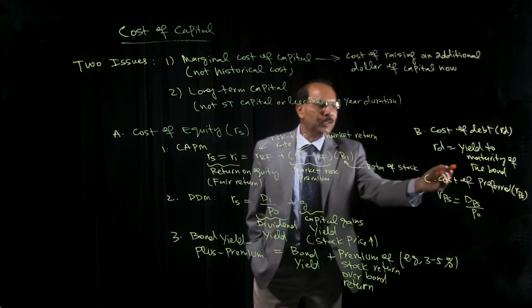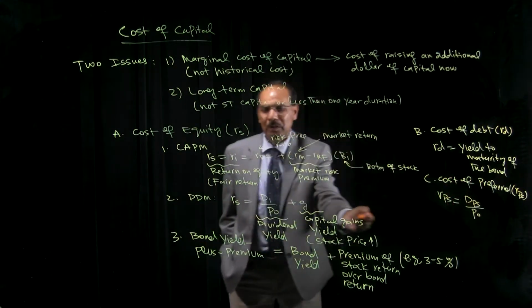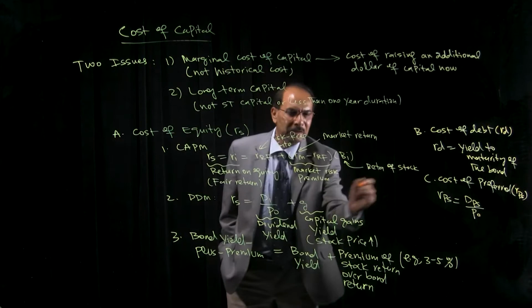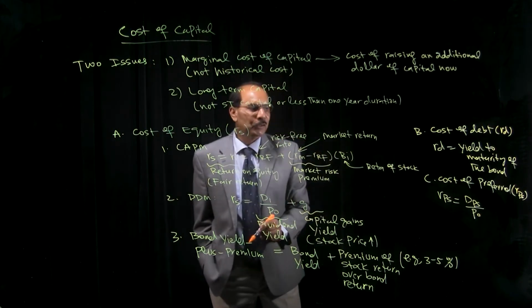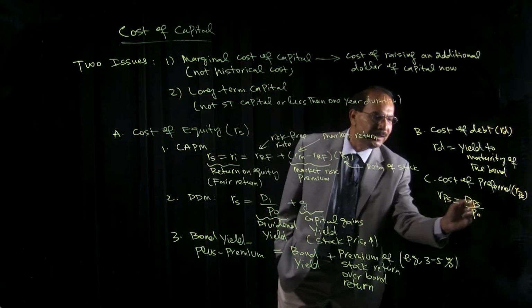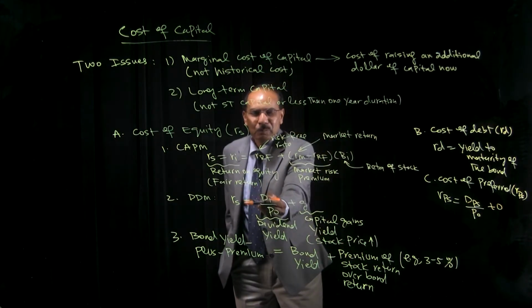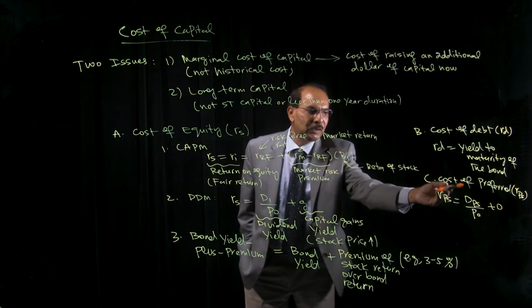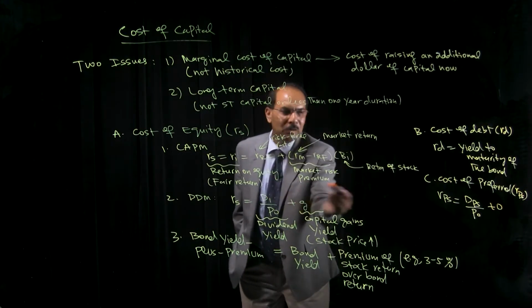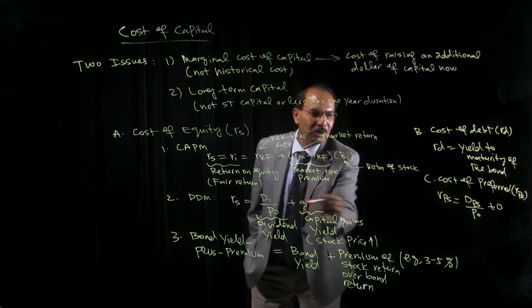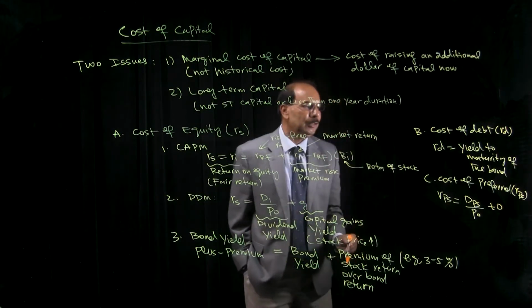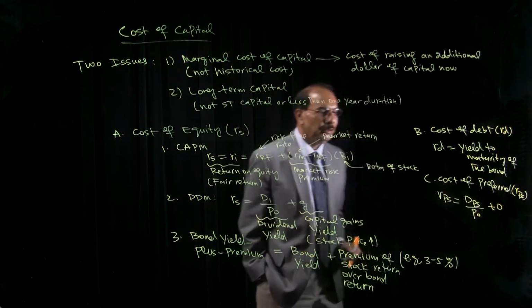Because one of the differences between preferred stock and common stock is that for preferred, the g is going to be 0. And that's why if we apply this formula to finding the cost of preferred stock, it is going to be the dividend on the preferred rather than on the common divided by the price of the preferred, and then 0.